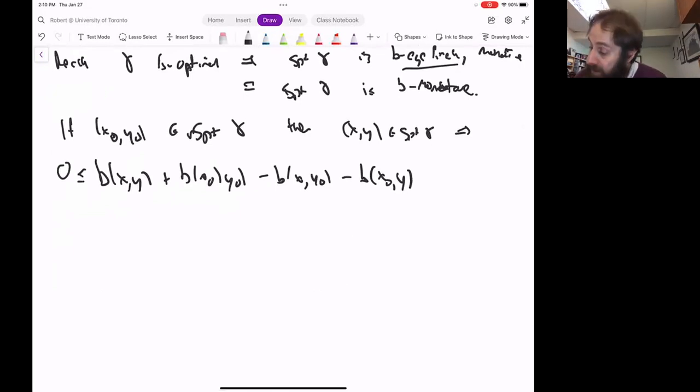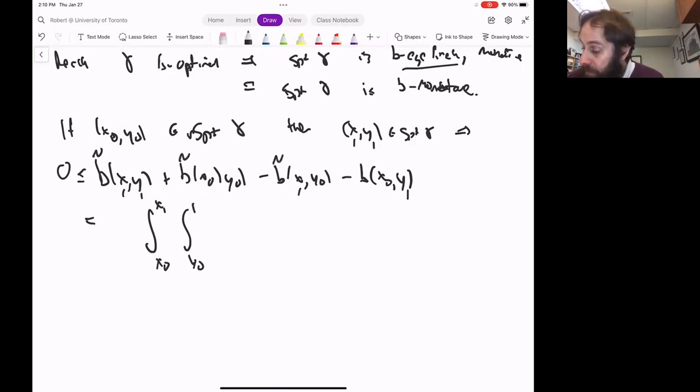And another way to write this expression is it's kind of a double integral. Maybe I'll call this X1, Y1. It's sort of an integral from X naught to X1, integral from Y naught to Y1. And sorry, this should have been b tilde. I'm interested in doing this for b tilde, so it's the support of gamma in the new coordinates.